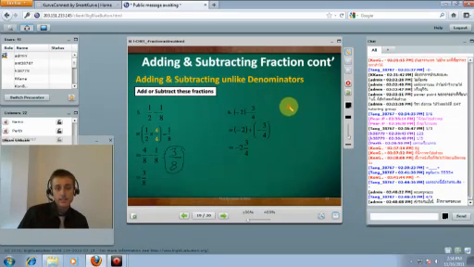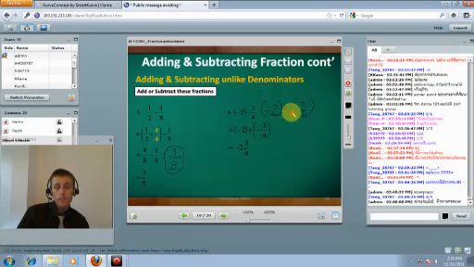Now number 6, we have negative 2 minus 3 over 4. When we're using negative numbers, you can look at it just like it is seen underneath. If the first number is a negative, then you're actually going to add the negative numbers together.